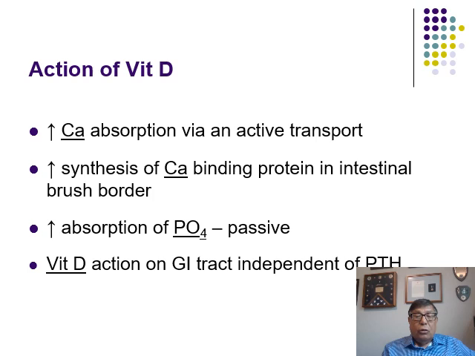It also helps to absorb phosphate, but only in a passive way. That means the force generated by the active transport, and the phosphate is kind of an opportunist and gets through. So absorption of phosphate is passive.